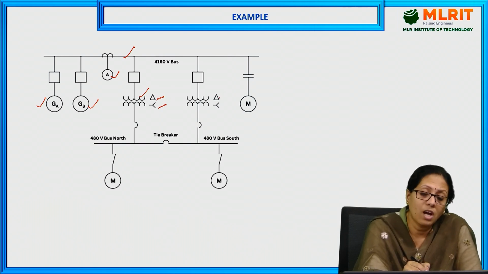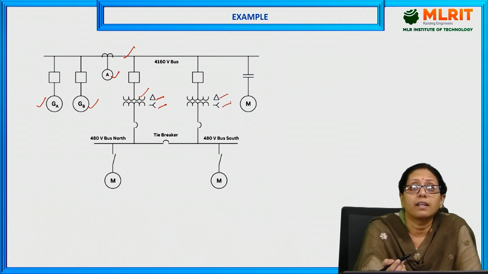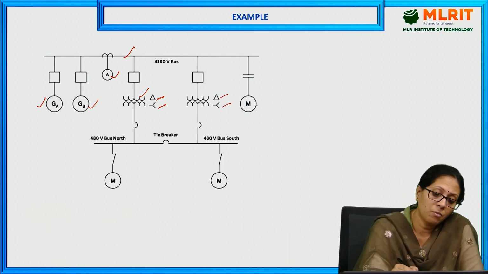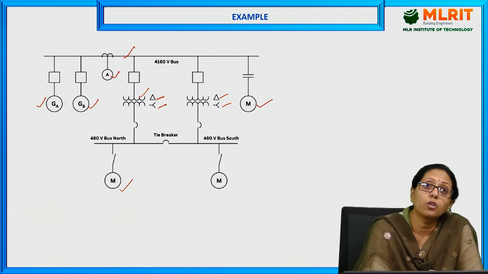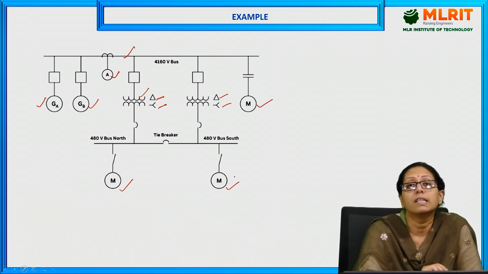Here also you have one more transformer that is delta and star connected. Here we have three motors, motor 1, motor 2 as well as motor 3.